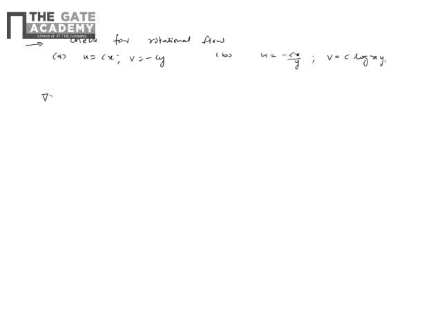For rotation, I'll always check the curl, which is the determinant with i, j, k; dou by dou x, dou by dou y, dou by dou z. This is cy, minus cy, and this is 0.